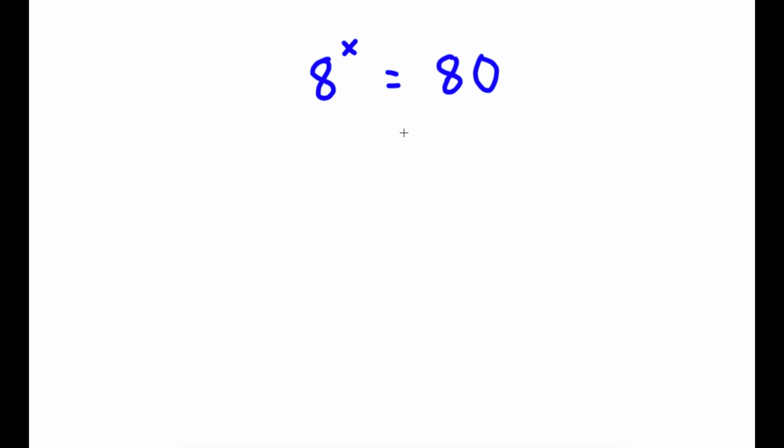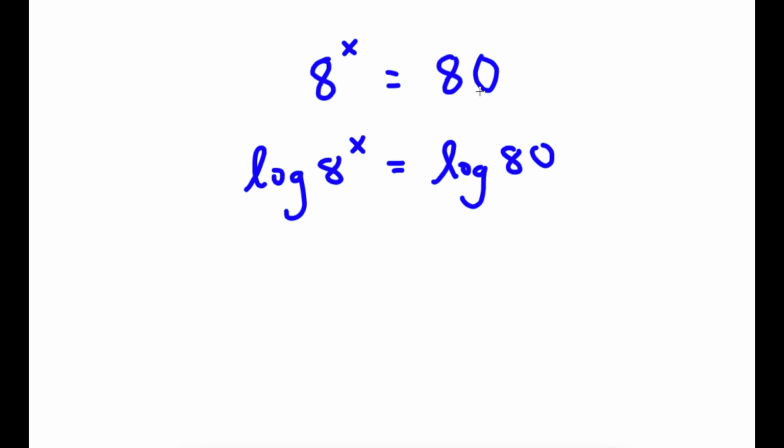Alright, so in this problem, I have 8 to the power of x is equal to 80. So to solve this, I'm going to first start by taking the log on both sides. So now I have log of 8 to the power of x is equal to log 80. Now if I have something in the form log a to the power of b, I can move this exponent b to the front.